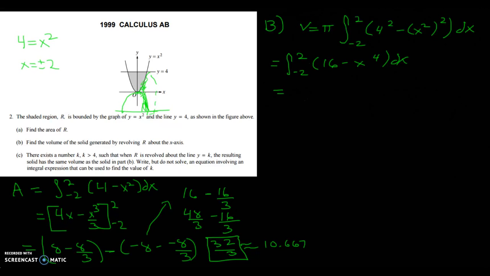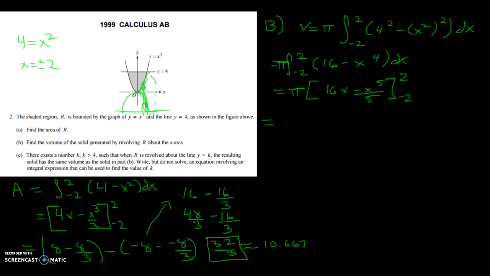And don't forget the pi. Now we're going to get 16x minus x to the fifth over 5 from negative 2 to 2.